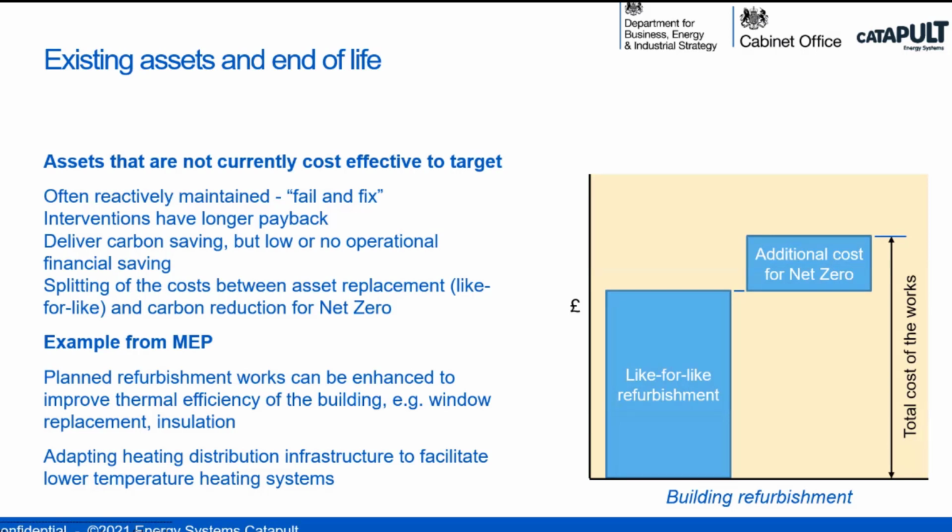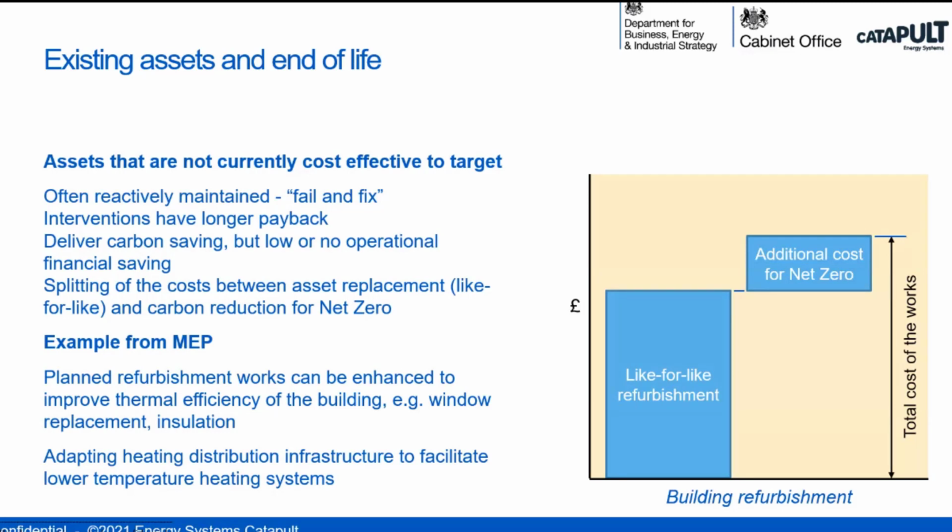So for some examples on MEP, the planned refurbishment costs for a building, for example, it might be that a particular building is planned to be refurbished in a particular year, and all of the arrangements, emptying the building, etc., are needing to be done anyway in order to do that, and lots of work will be done to reconfigure the building.